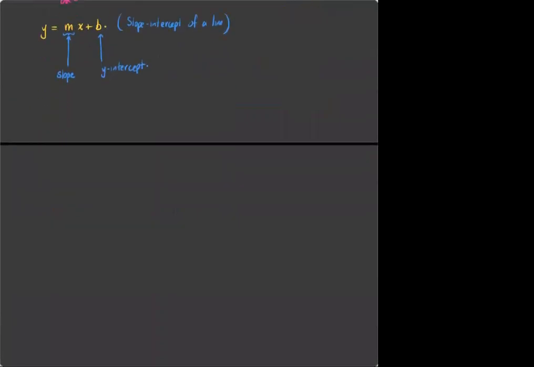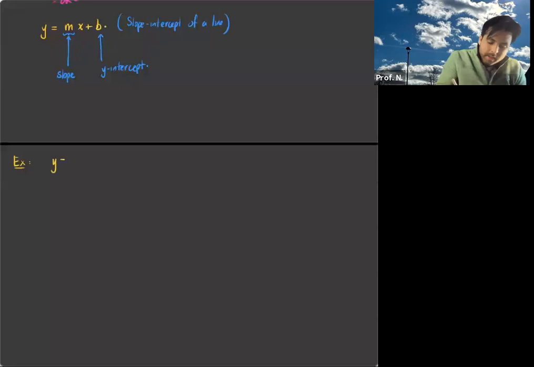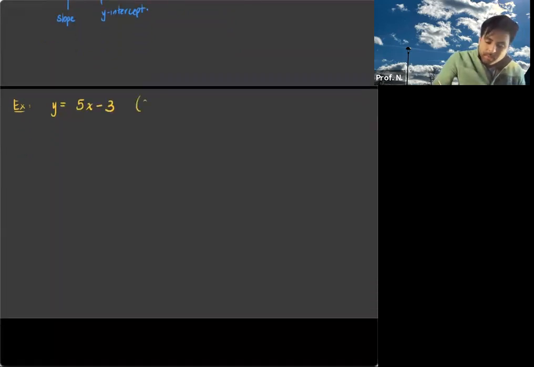So if I have an example here, y equals, let's write this as 5x minus 3. So this is in slope intercept form.